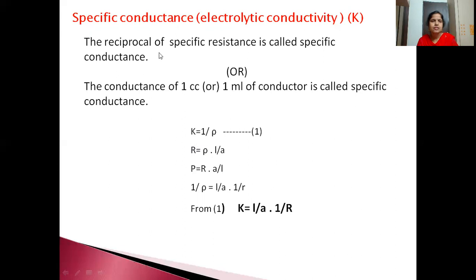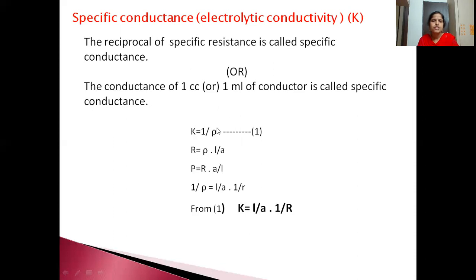Now, as in the definition itself, I said that the reciprocal of specific resistance is called specific conductance. So what is specific resistance? It is rho. So K is equal to 1 by rho. But when we have this expression, R is equal to rho into L by A, or rho is equal to R into A by L. We have just cross multiplied it and taken rho to the left hand side.